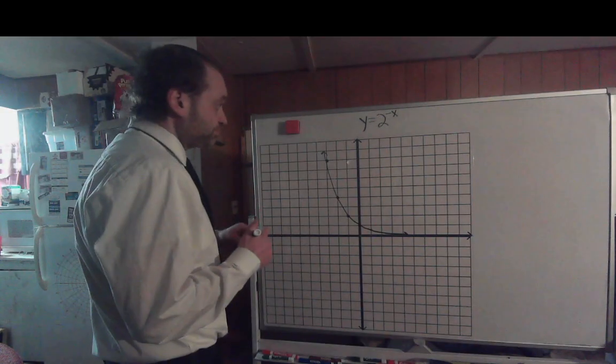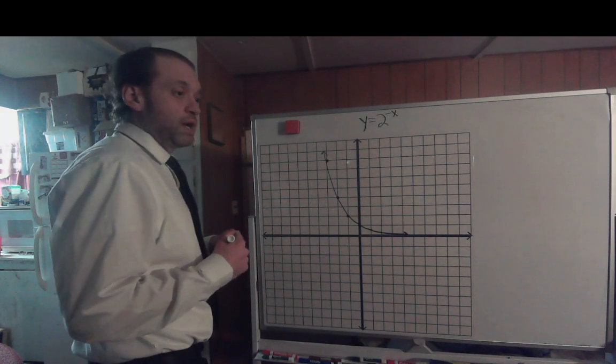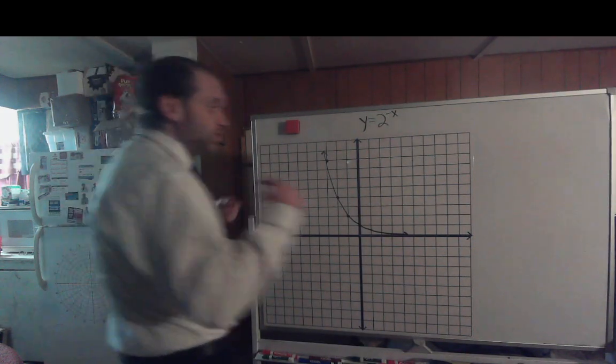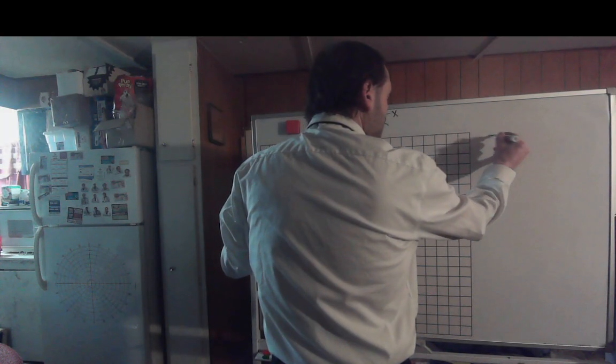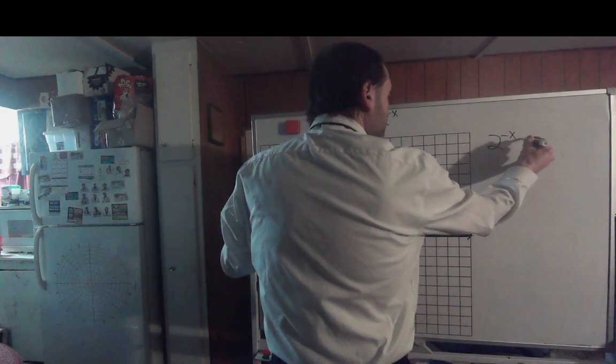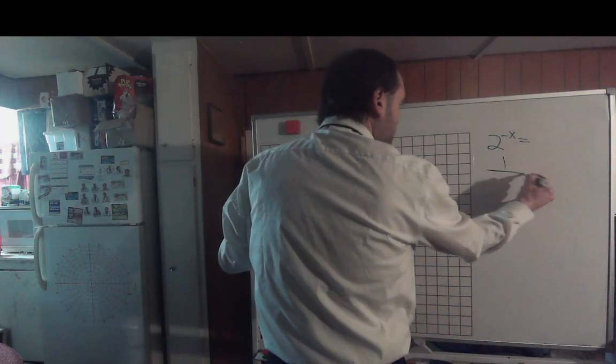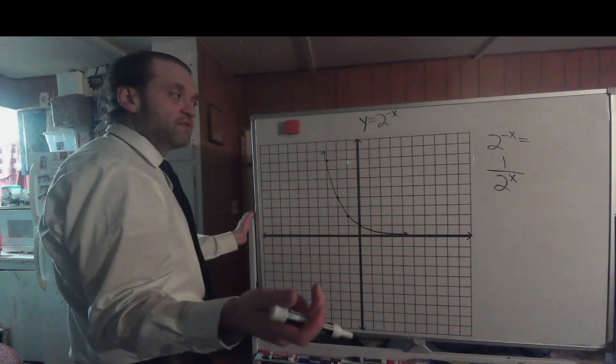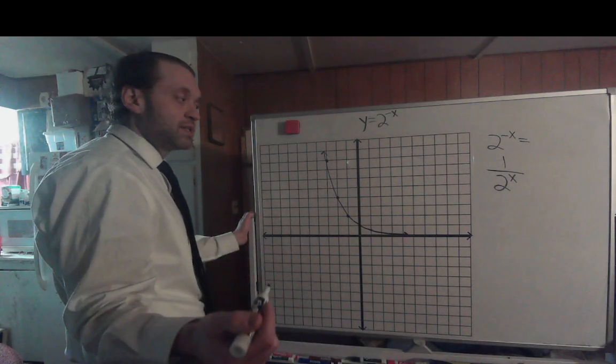Now, what is another way of saying 2 to the negative x? 2 to the negative x is what? Isn't that the same as saying 1 over 2 to the x? Isn't 2 to the negative x 1 over 2 to the x?